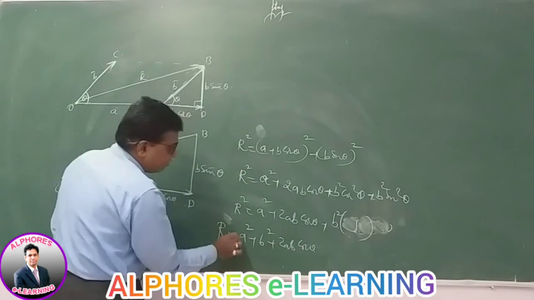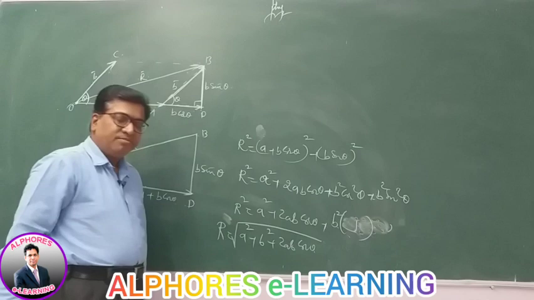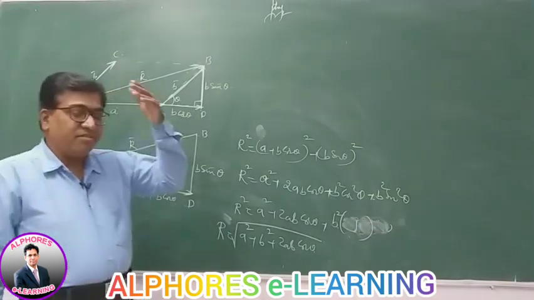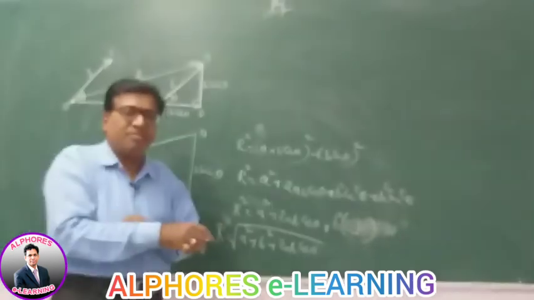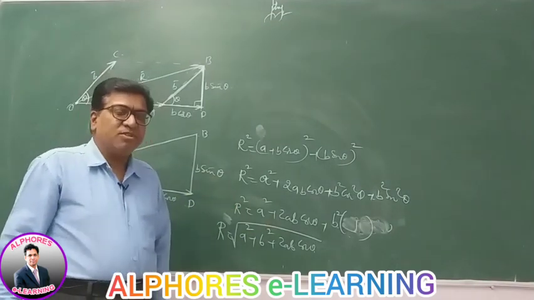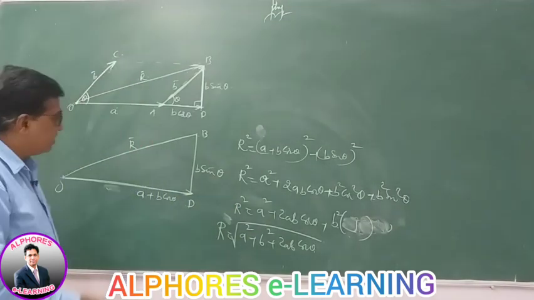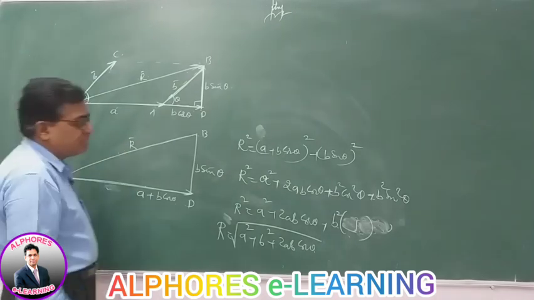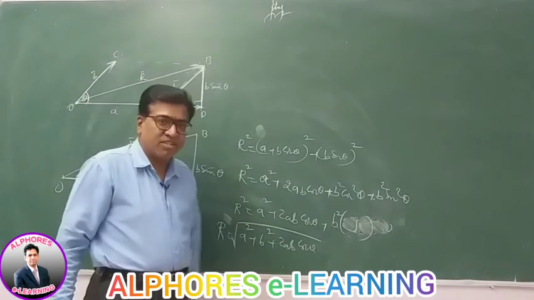And R is equal to the root of that. We had the analytical method and the diagram method, that was different. You can even prove it by means of the resolution of vectors method also. So resultant vector R is root of A square plus B square plus 2AB cos theta.